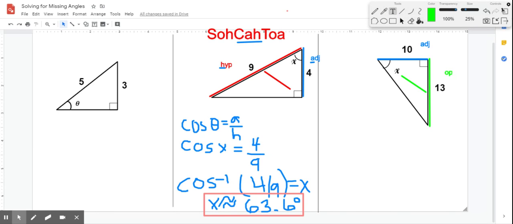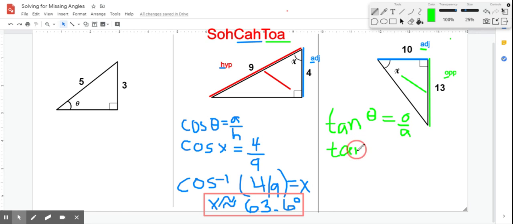So in this problem here, because I'm not dealing with hypotenuse, I'm just dealing with O and with A, then I know I'm going to use the tangent function, which deals with O and A. All right, so I've recorded the tangent function right here, and I'm going to record it for this problem.